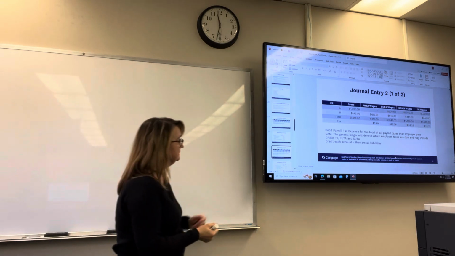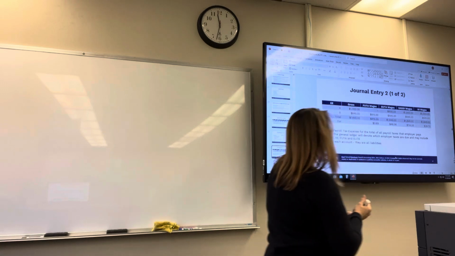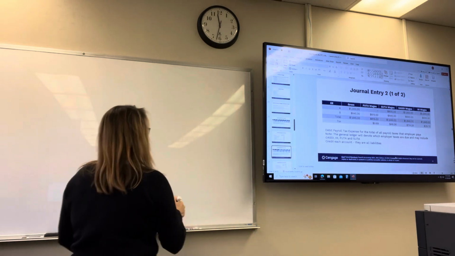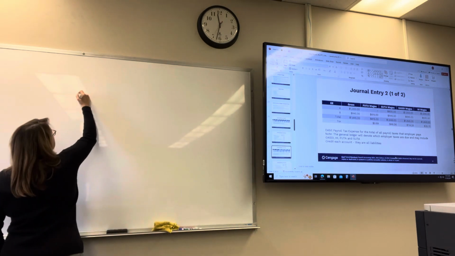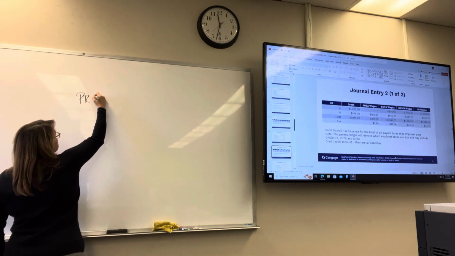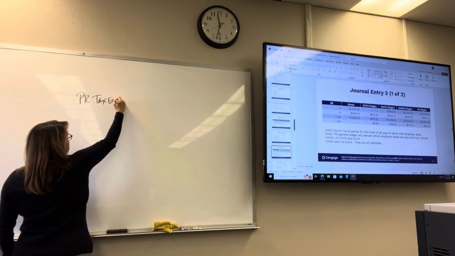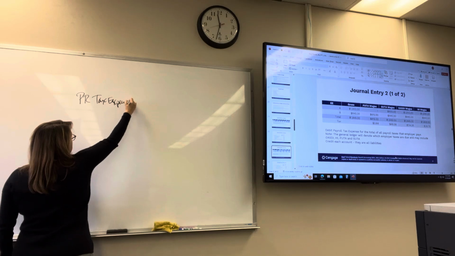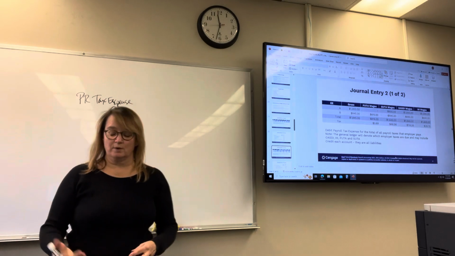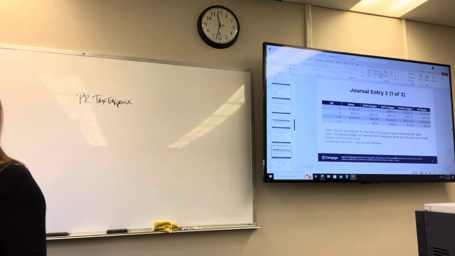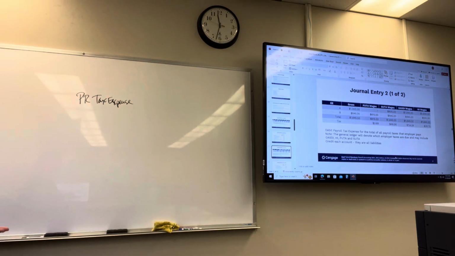Second journal entry, we're going to debit payroll tax expense. This is an expense account that would show up on the income statement. So this is the total amount that the employer is responsible for.